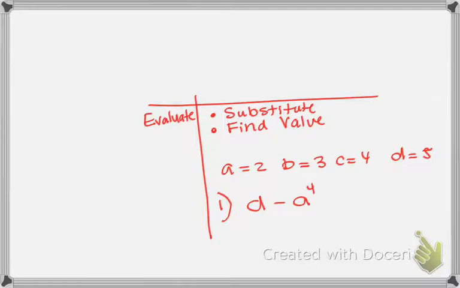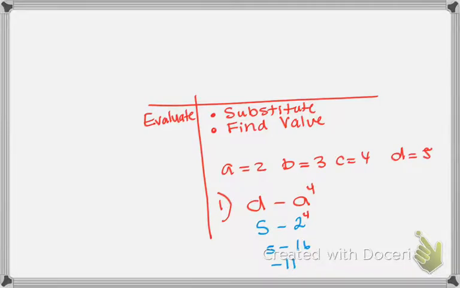You would substitute in: the D is 5, minus A is 2 to the 4th. We always do exponents first, so that becomes 16. So it's 5 minus 16, and that simplifies to negative 11.